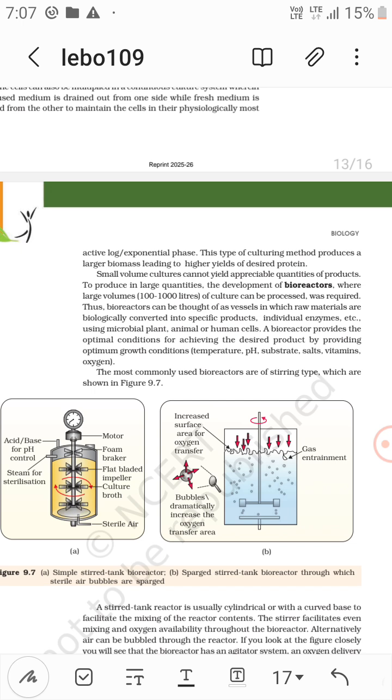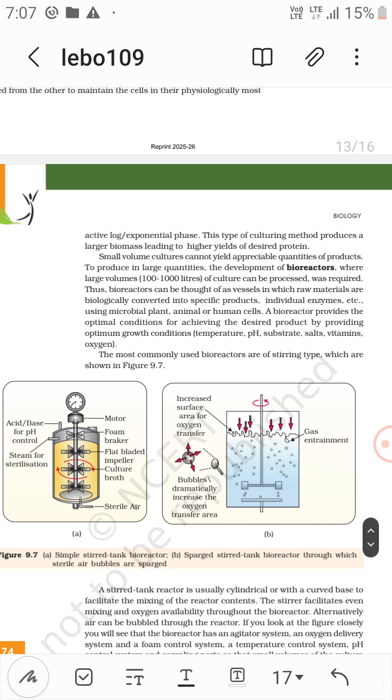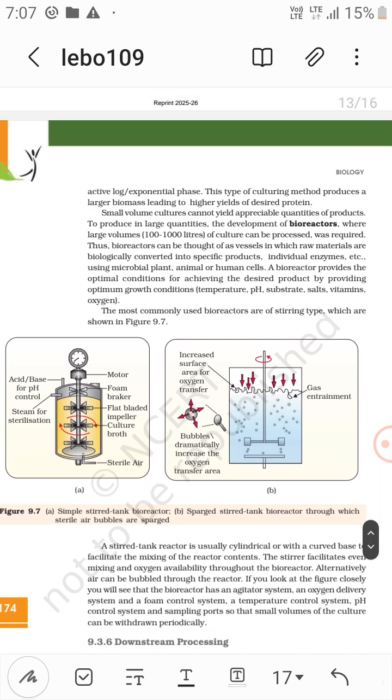A bioreactor provides the optimal conditions for achieving the desired product by providing optimum growth conditions, for example temperature, pH, substrate, salts, vitamins and oxygen.